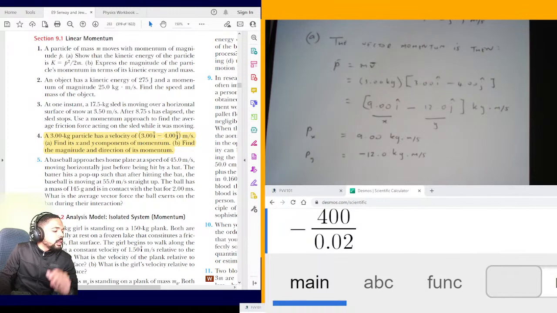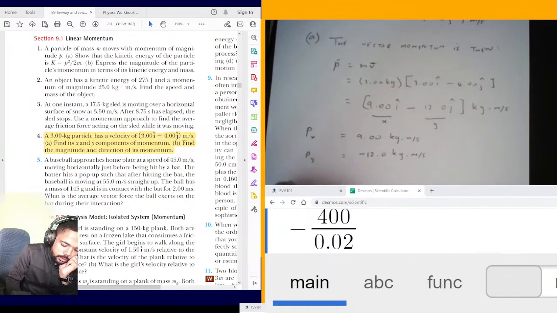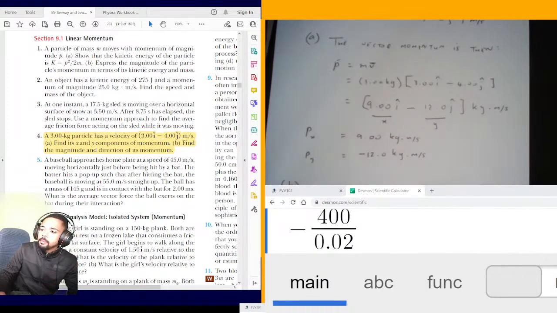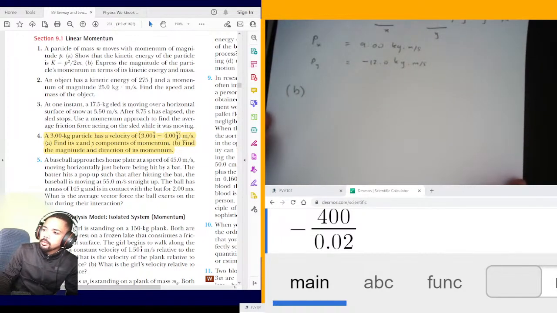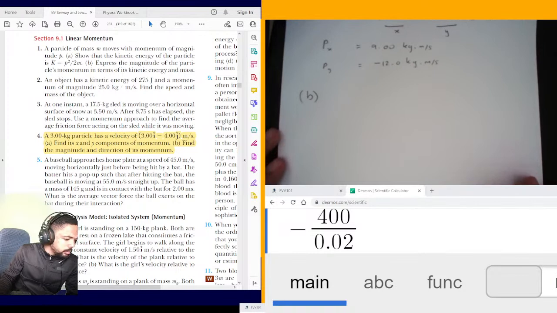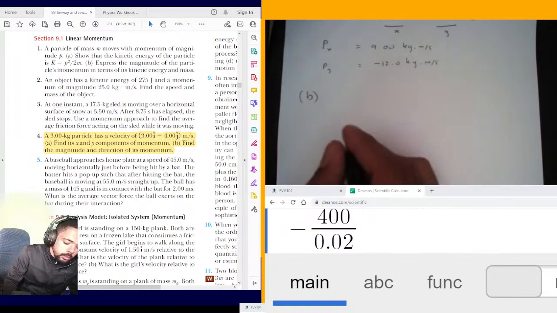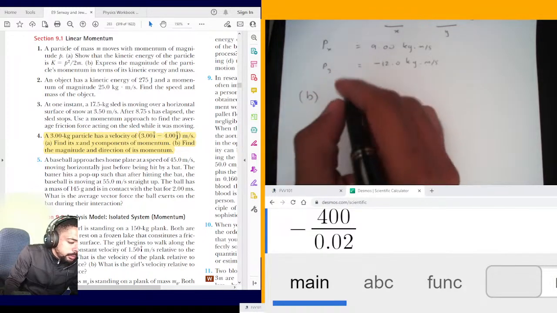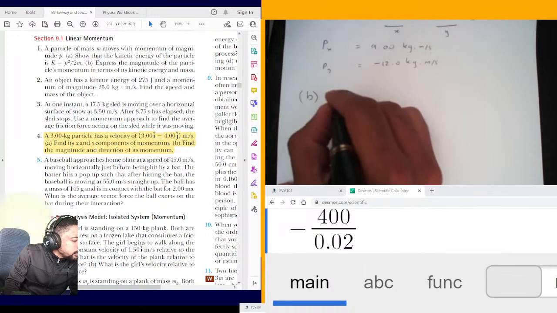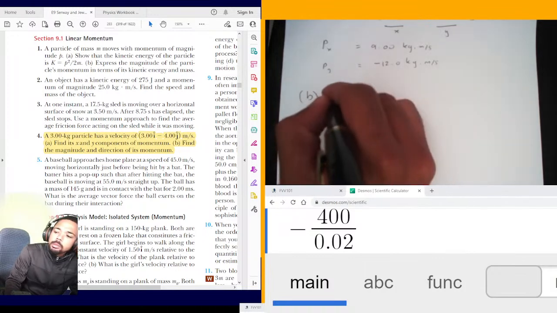Now they're asking us for B: find the magnitude and direction of the momentum, so the net momentum.